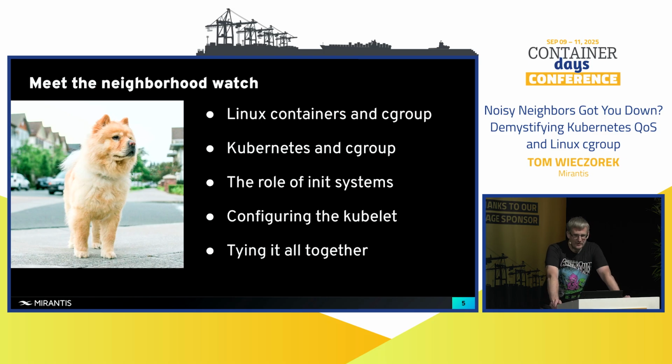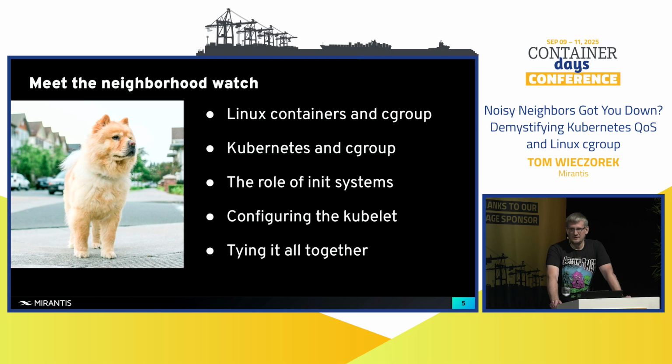So what are we going to look at today? First of all, we try to understand what Linux containers are and what cgroups are, and how those connect to each other. Then we want to have a look at how Kubernetes looks at cgroups and uses those things to actually enforce quality of service. For that, we also need to have a look at the init system, because the init system will have to play a role in this as well.